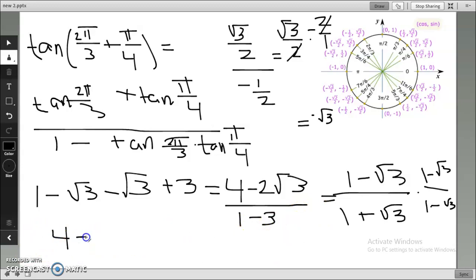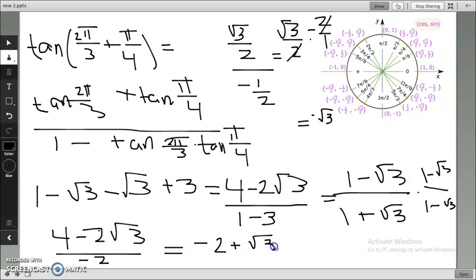I have 4 minus 2 root 3 over negative 2. And so I can reduce that again to negative 2 plus root 3. And so here is my completely reduced answer, and I hope that this helps.